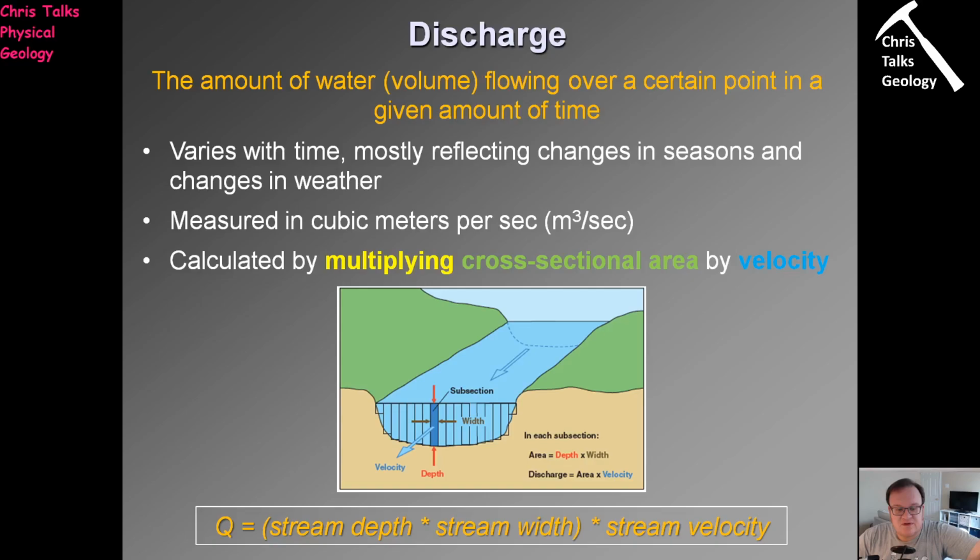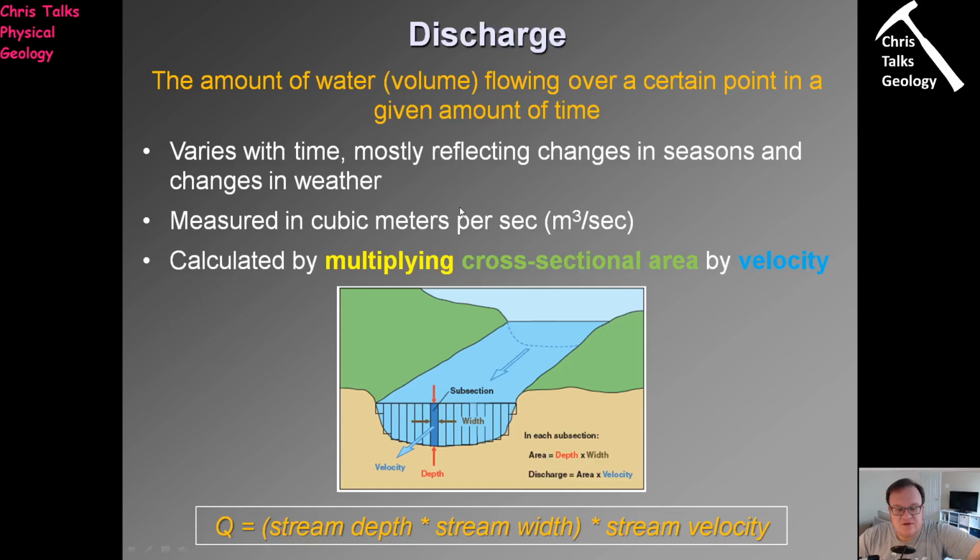Discharge is typically measured in cubic meters per second. So how many cubic meters of water are moving through a point every second? And it's calculated by a very simple formula. We calculate it by multiplying the cross-sectional area of the river by the river's velocity.